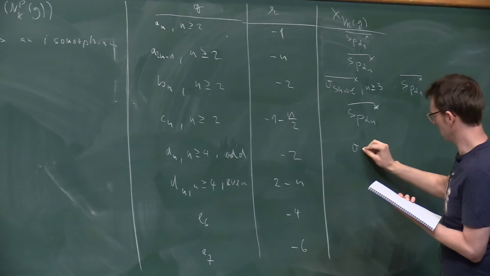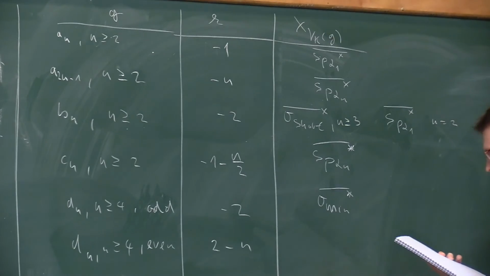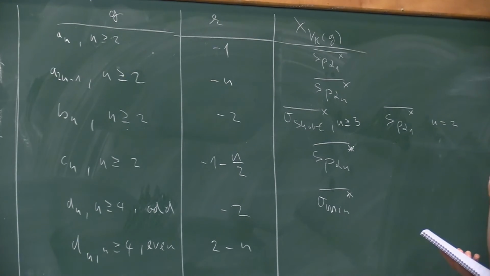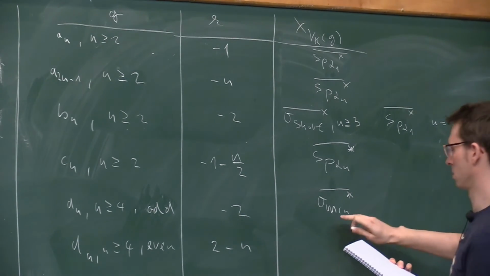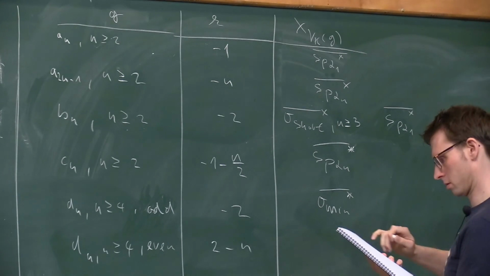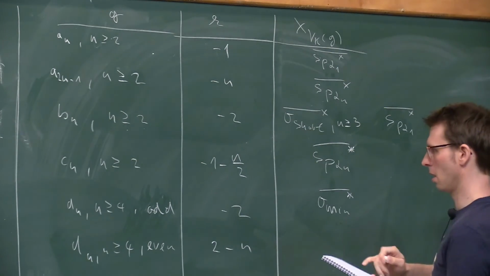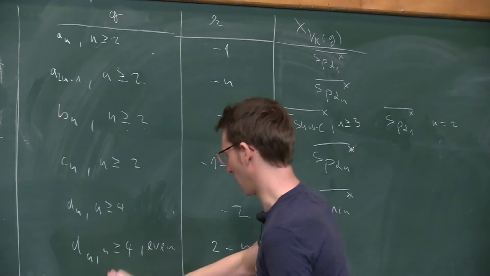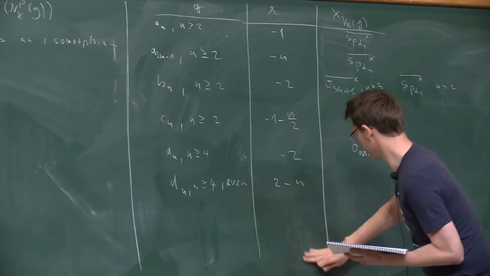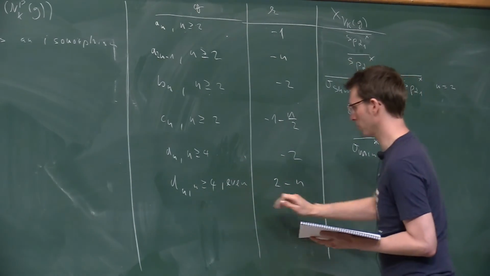Then the Dixmier sheet, this is the minimal nilpotent orbit. Sorry, there is one case missing. So for D at level minus 2, it's the minimal nilpotent orbit.